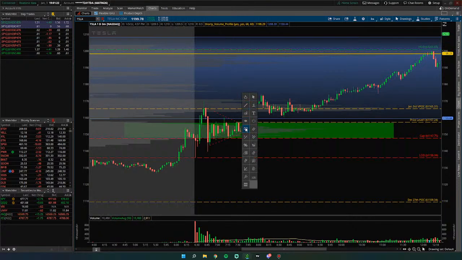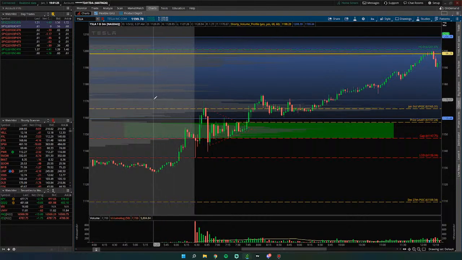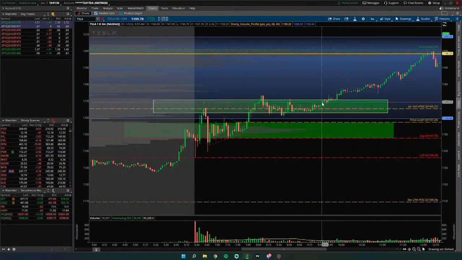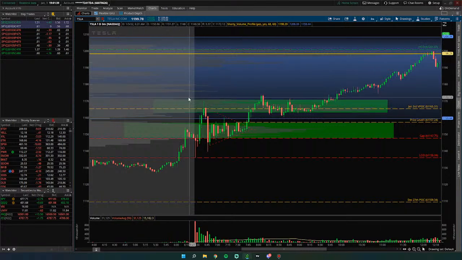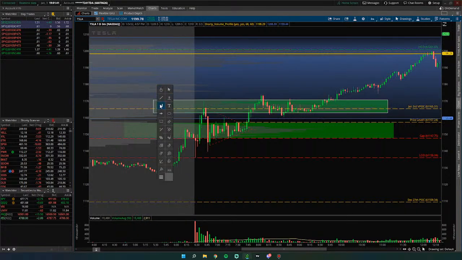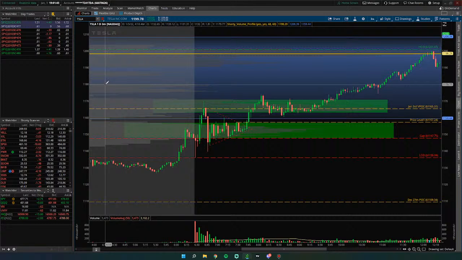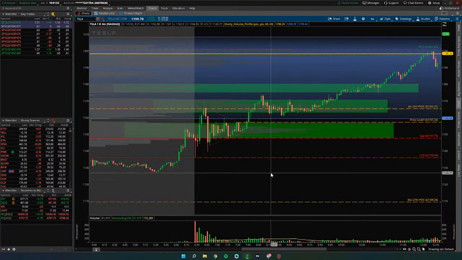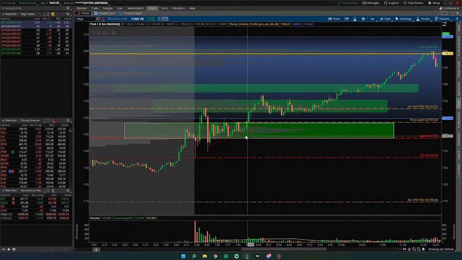And then when we get to this volume shelf up here, again, we start consolidating sideways, and not until we break out of that do we finally get some more upside. We have a little bit of consolidation here. And so, as a trader, that's what I'm looking for.